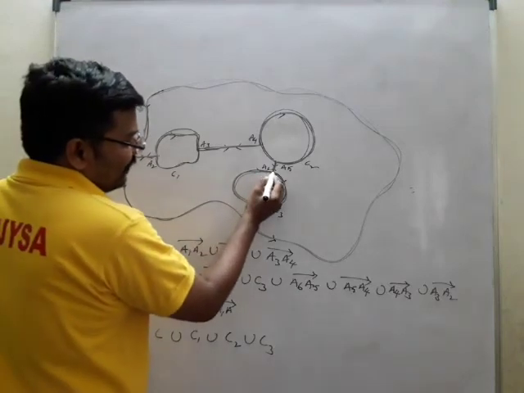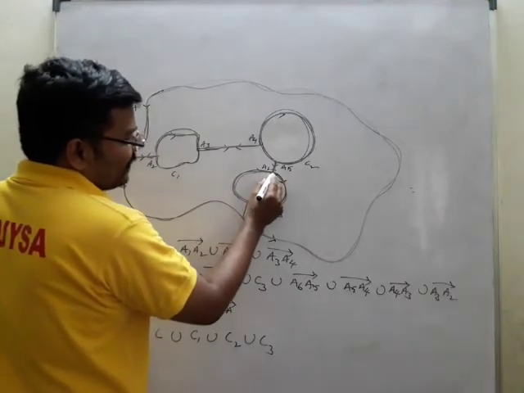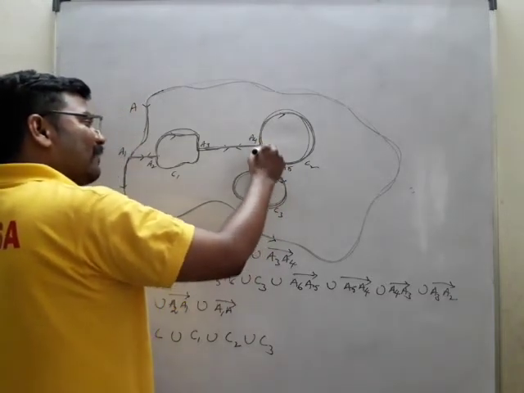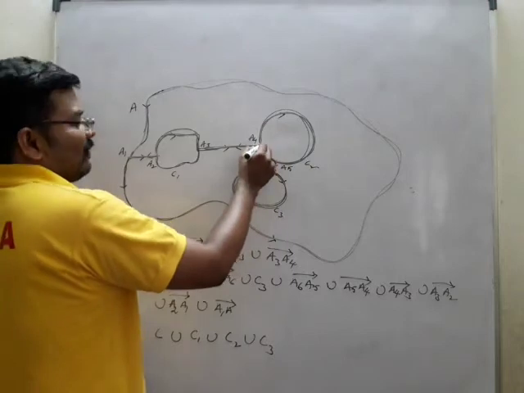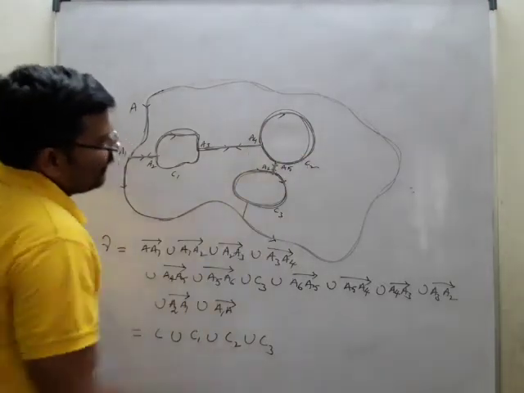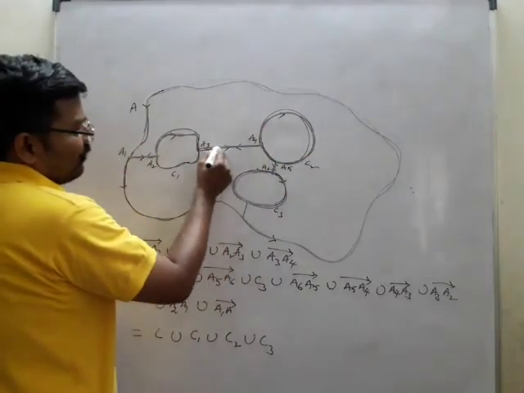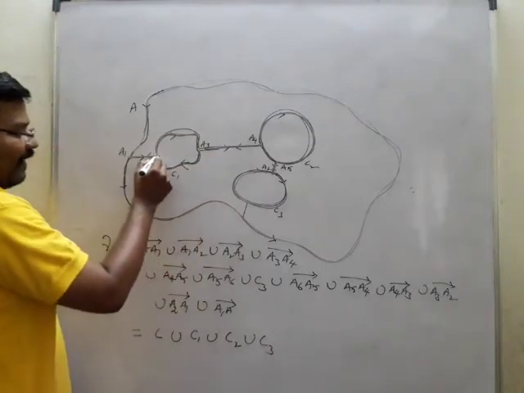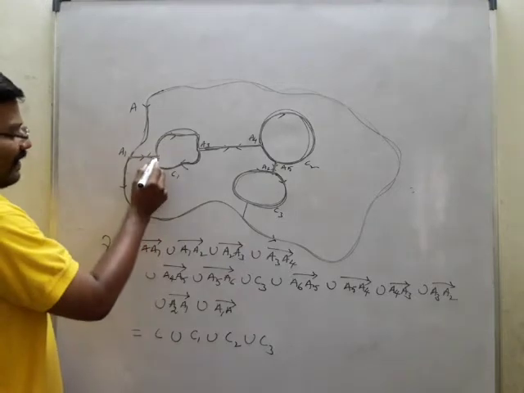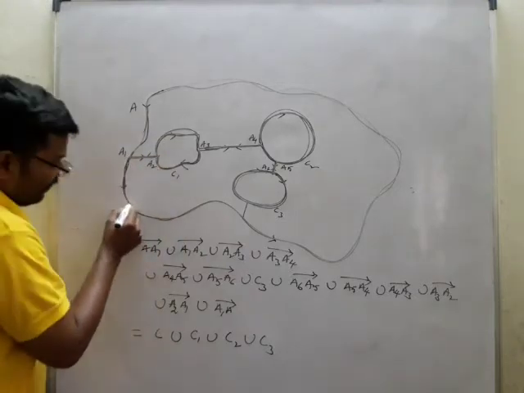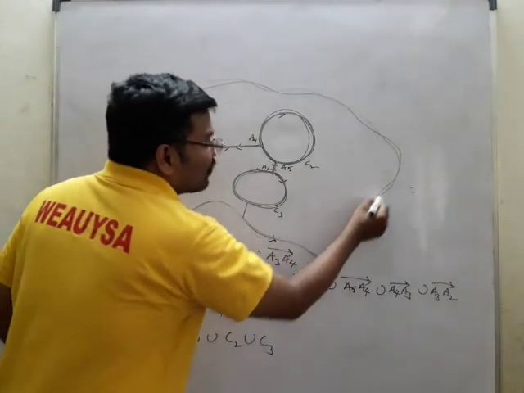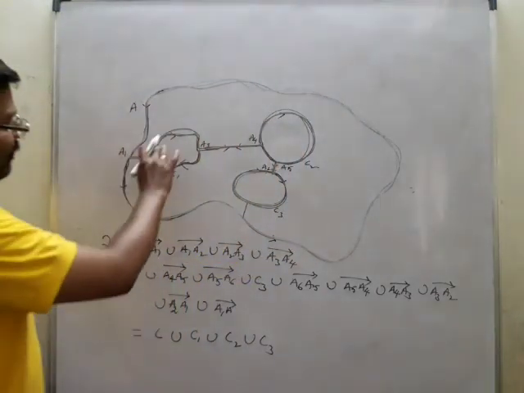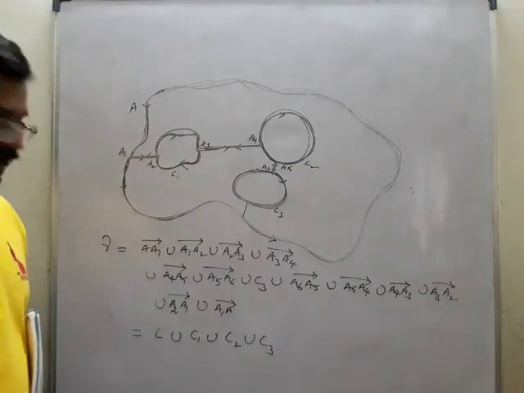Then from C3, this point A6, A6 to A5, A5 to A4, this total circle C2 finished. Then A4 to A3, A3 to A2, this C1 finished. A2 to A1, A1 to A again, total this one. So the upper part and the lower part we have done like this.